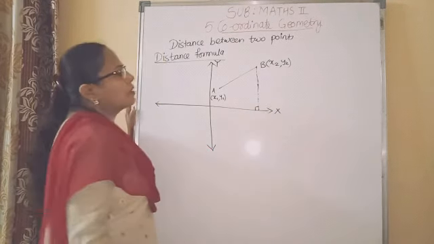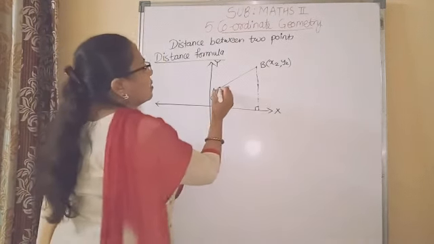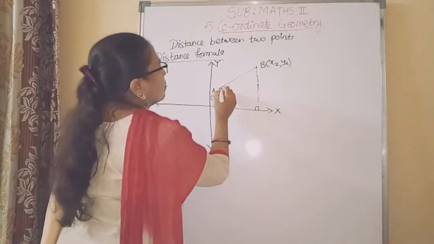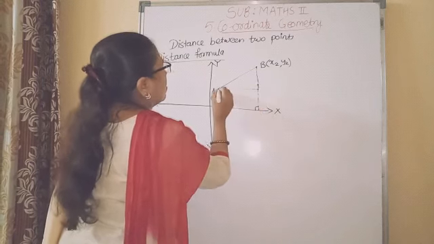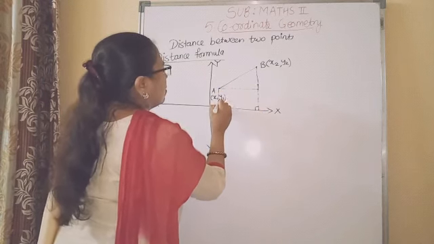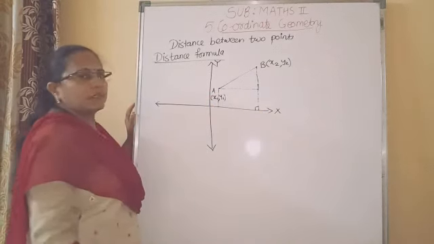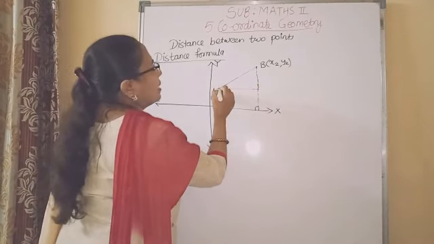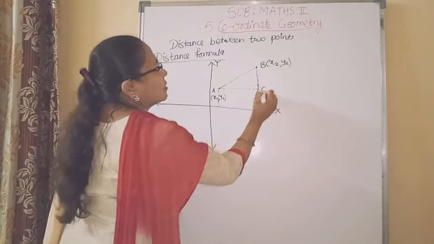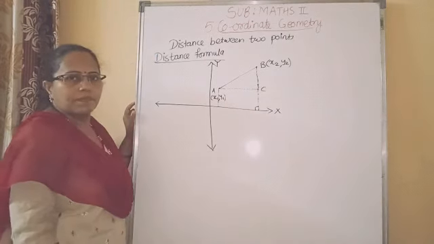Let a perpendicular line be drawn here. Now from this point we will draw the perpendicular line here on the x-axis. The intersection of these is C.